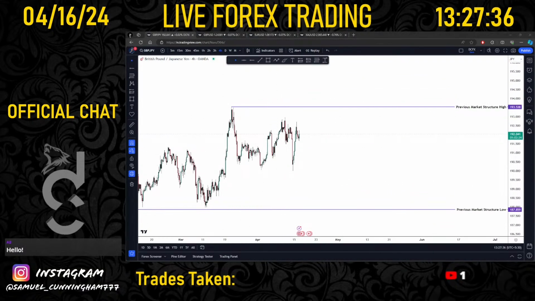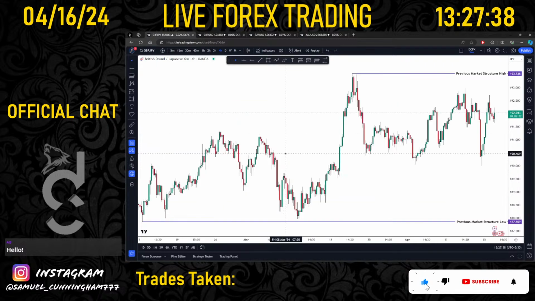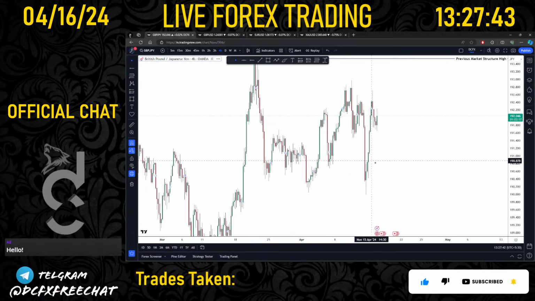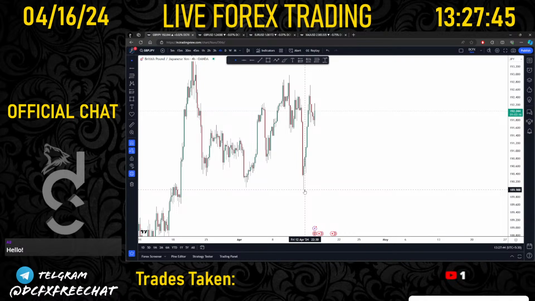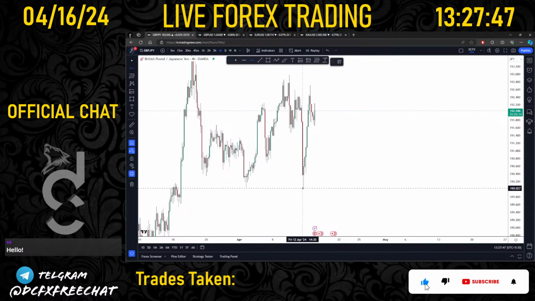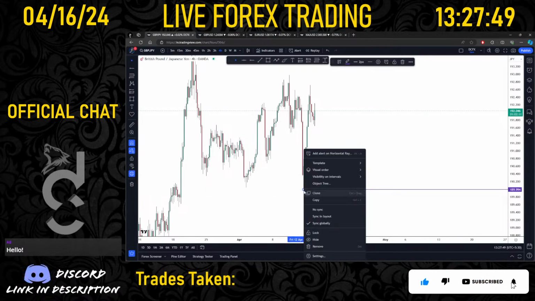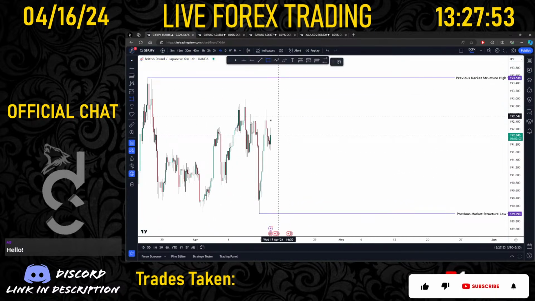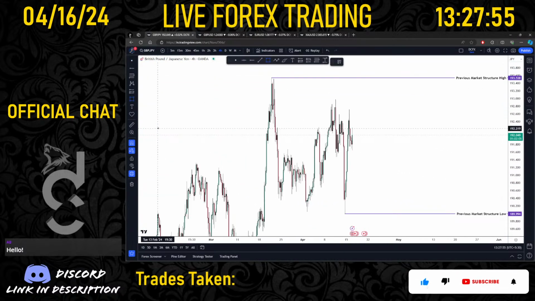Yet to take out the previous high. Let's see. This is the low that's created on the 4 hour. Previous market structure low, and this is the resistance we are currently trading at.